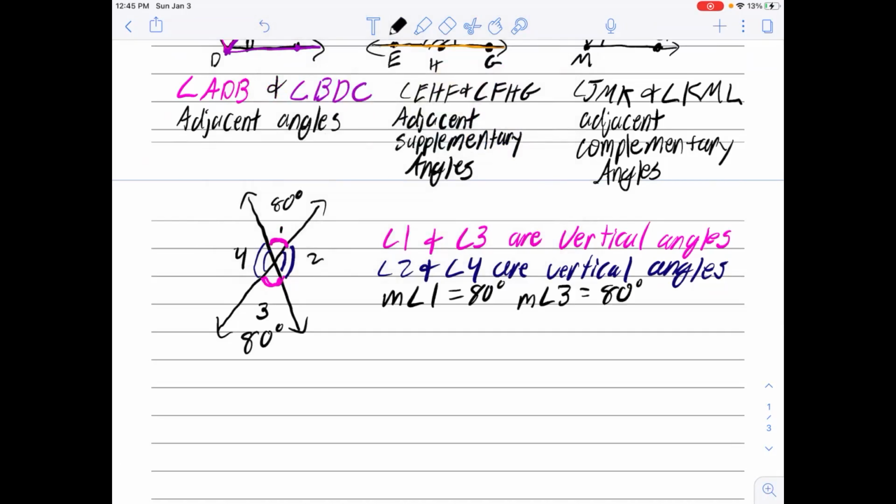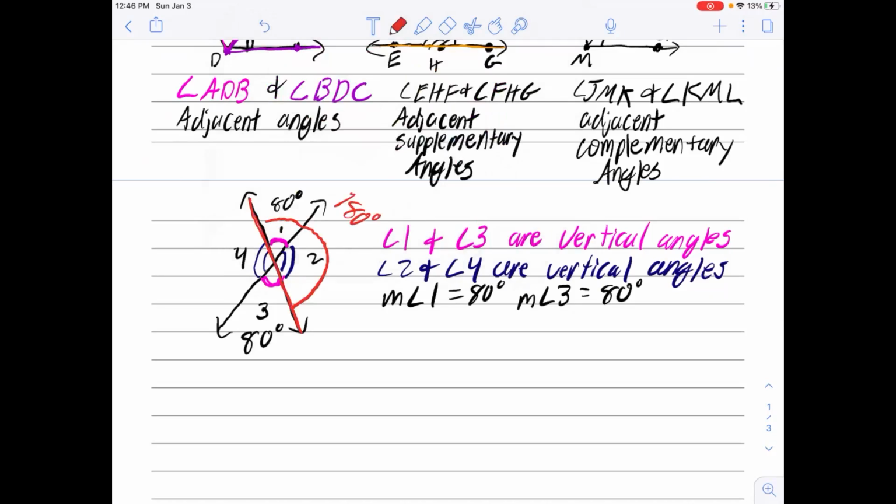Now, here's why that's really, really important. If I know that angle 1 is 80 degrees, now I can draw an arc. The arc connects me to a straight line. I know that a straight line has 180 degrees in it.